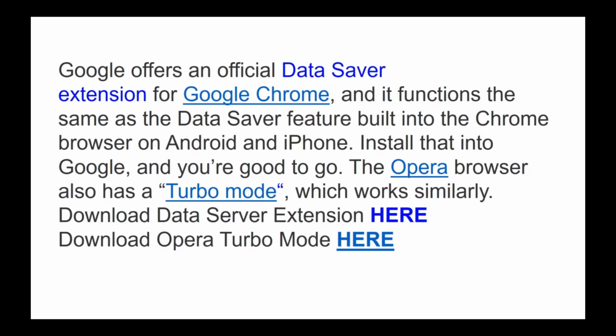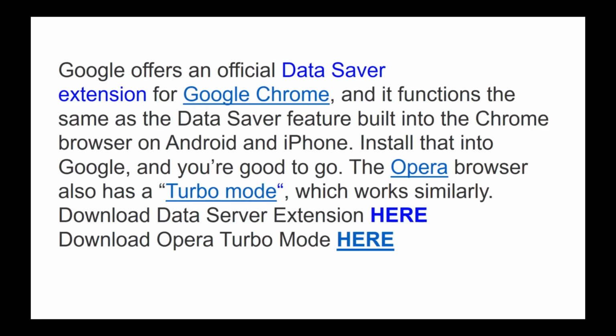You can also use an extension on your browser to reduce the amount of data your browser uses when you're browsing the web. Google offers an official Data Saver extension for Google Chrome, and it functions the same as the data saver feature built into the Chrome browser on Android and iPhone.